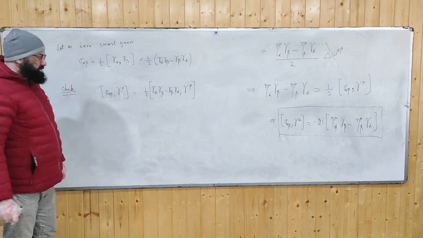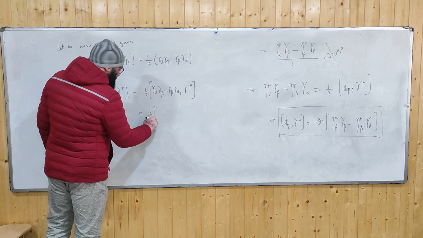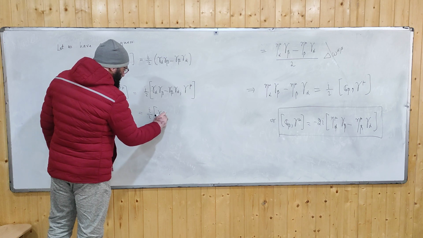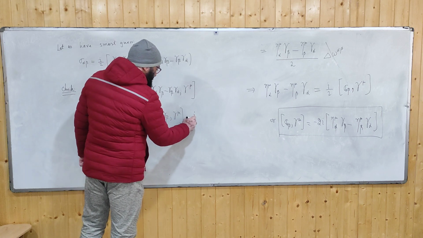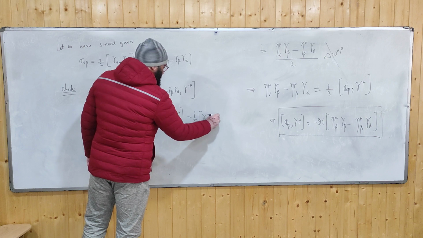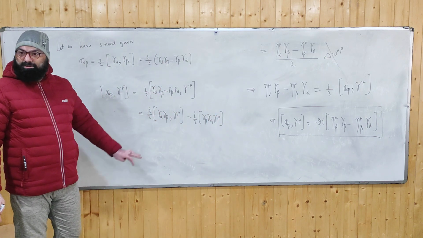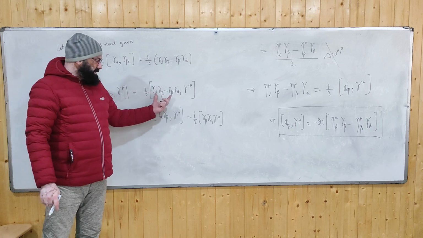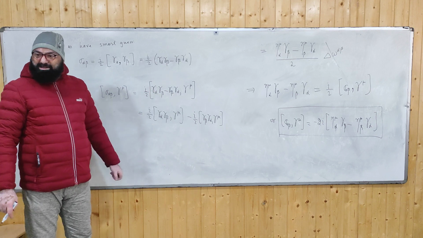So let's take i by 2 gamma alpha gamma beta gamma mu, then you are having minus i by 2 gamma beta gamma alpha gamma mu. Clear? It is just A plus B and C, so it is AC and BC.